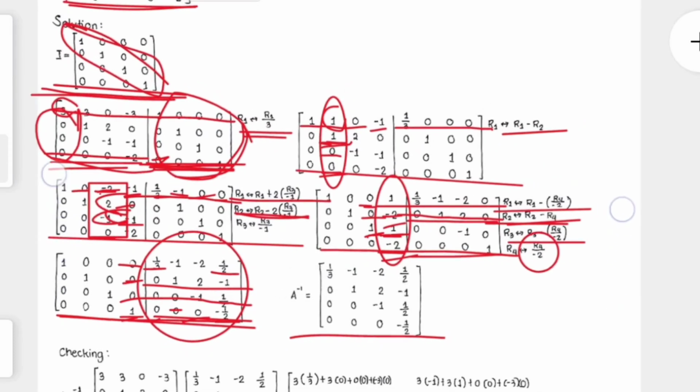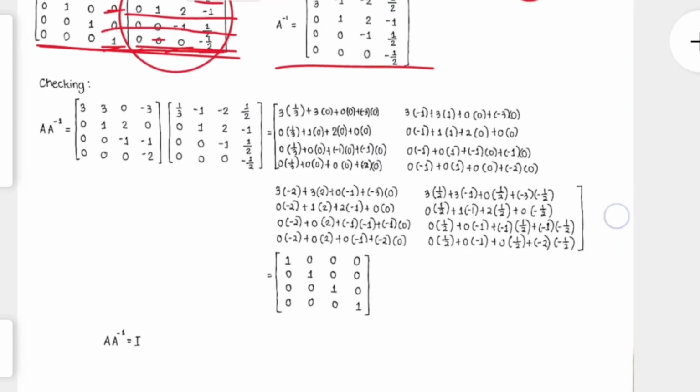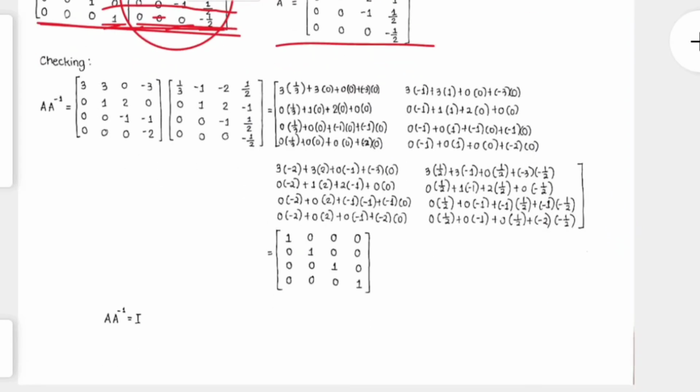And for us to check if this is correct, we need to equate the product of A and the inverse of A to be the identity. So note that our identity is in this form.